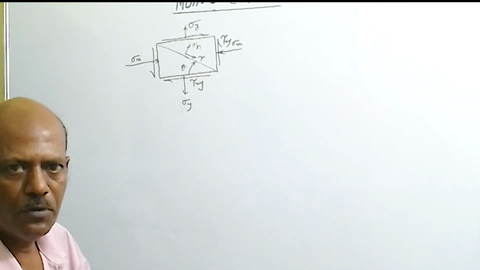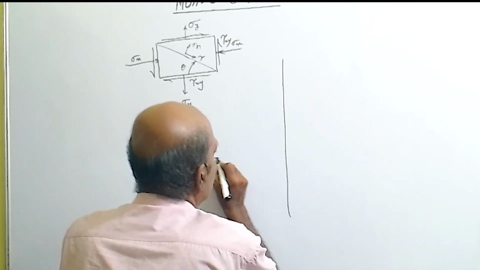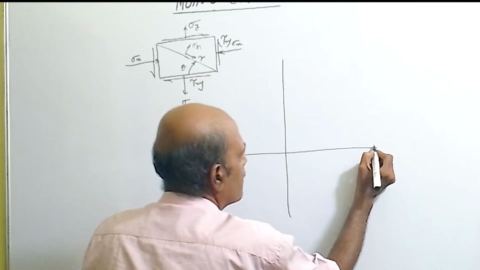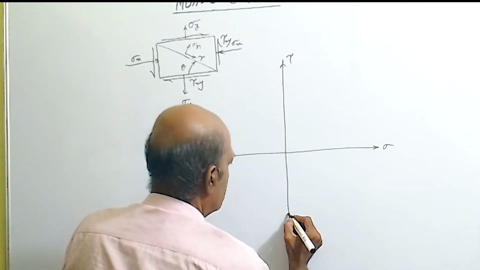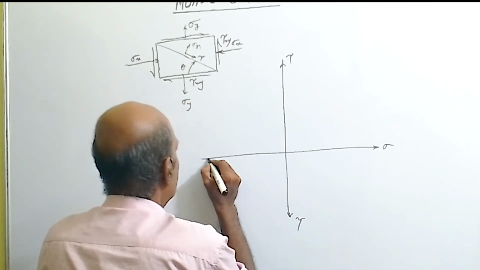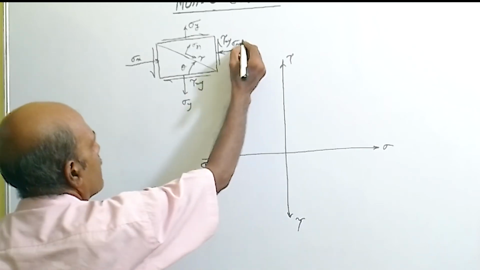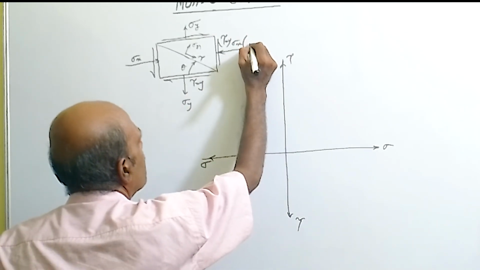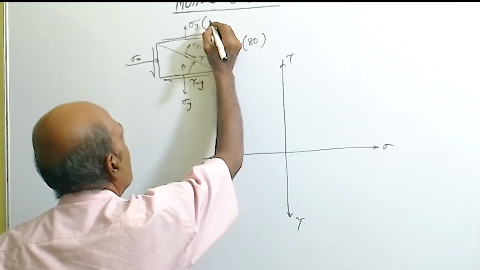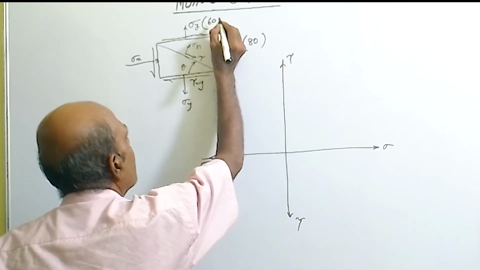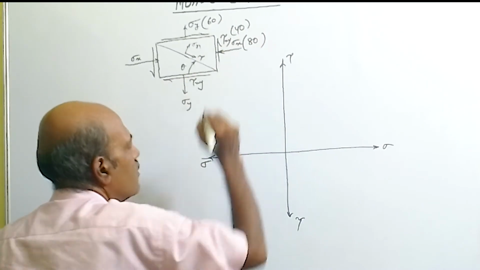by using the Mohr circle. For this, draw the axes first. First you draw the axes, that is the sigma axis and tau axis. So we have drawn the sigma axis and tau axis, and just put some simple values, say sigma x is 80 megapascal, sigma y is 60 megapascal, and tau xy is equal to 40 megapascal.